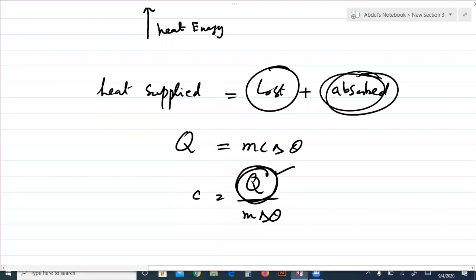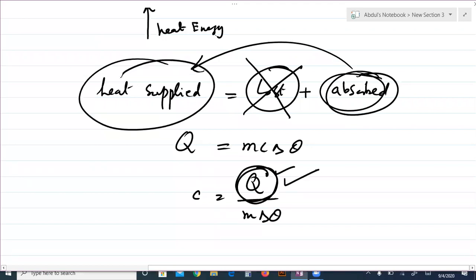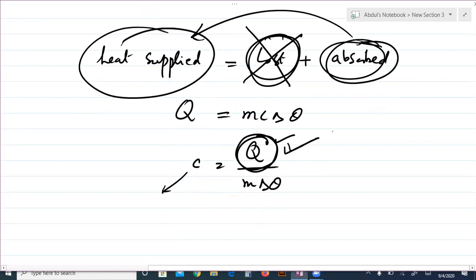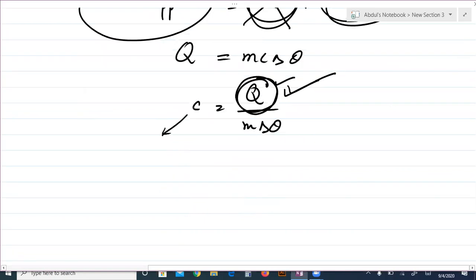Look, the energy absorbed is smaller than supplied, but when this is ignored, we are using the whole energy which is supplied. So that's why this answer for c is wrong in practice. When we ignore the loss of the heat energy, we are using a larger value than the actual, and then all calculations for c are wrong.